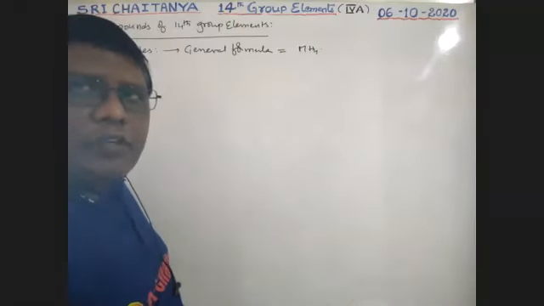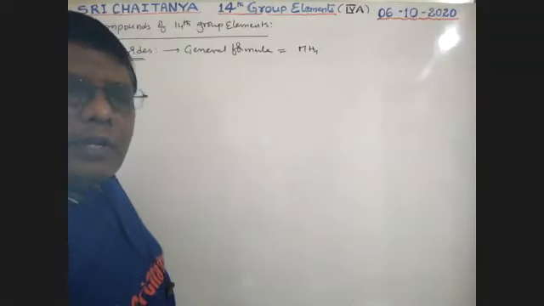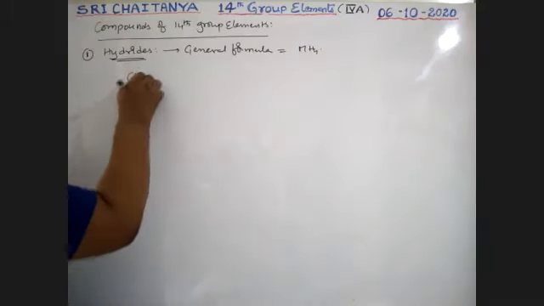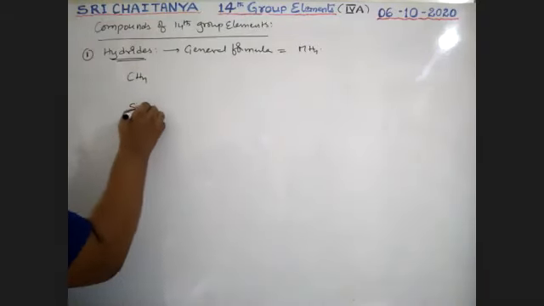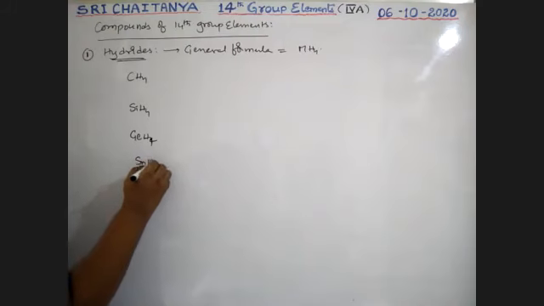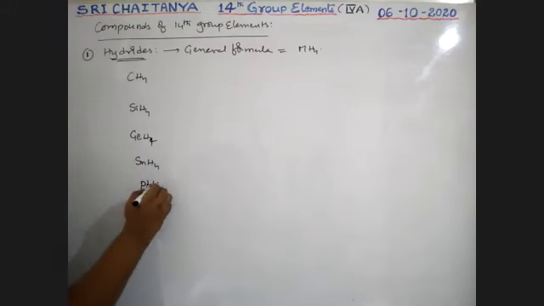MH4 type hydrides are the products: CH4 for carbon, SiH4 for silicon, then germanium, tin, lead.